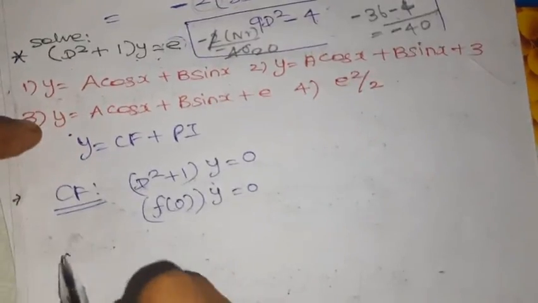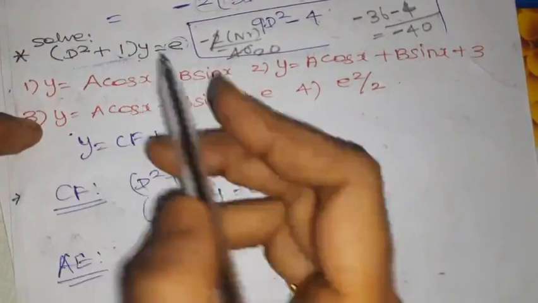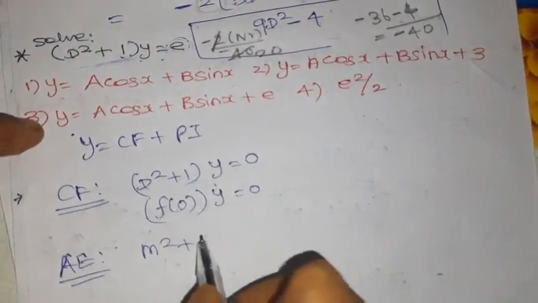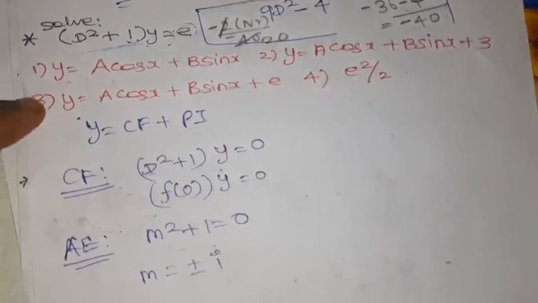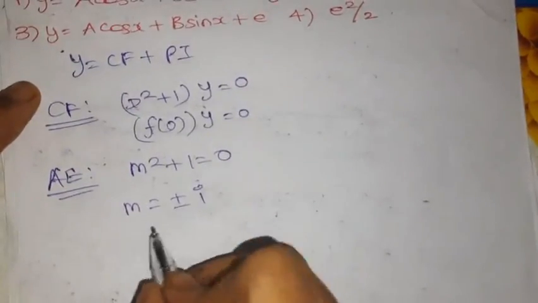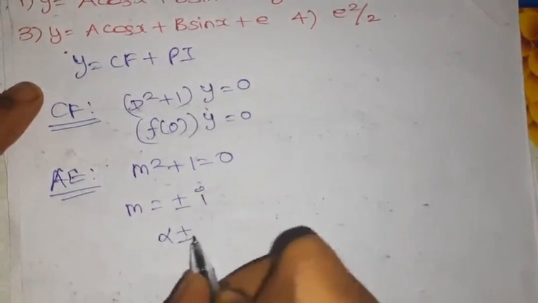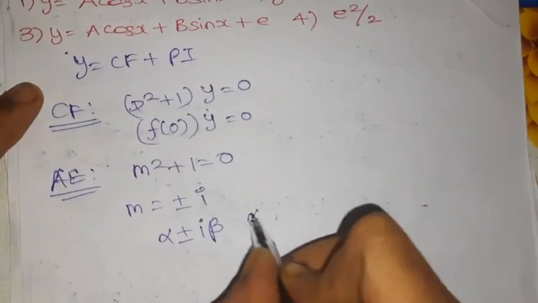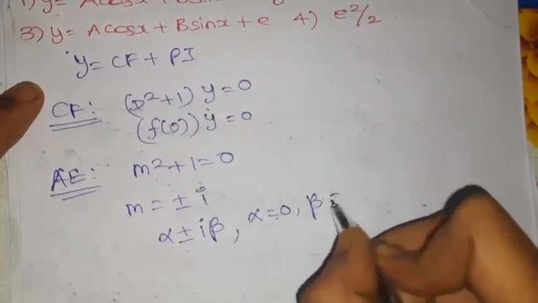So this is a function of D into y equal to 0. Then we need to form the auxiliary equation. The auxiliary equation is just replacing D by m. m squared plus 1 equal to 0, m equal to plus or minus i. So the roots are complex conjugate, alpha plus or minus i beta. Here alpha equal to 0 and beta equal to 1.